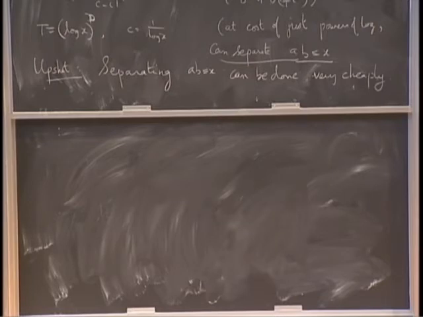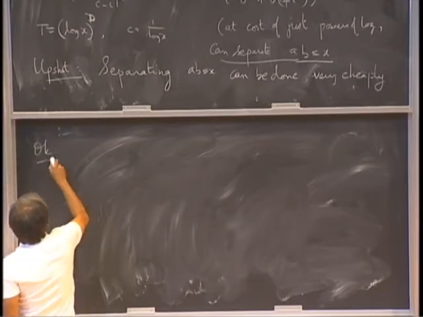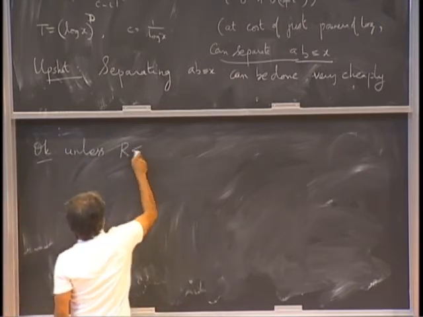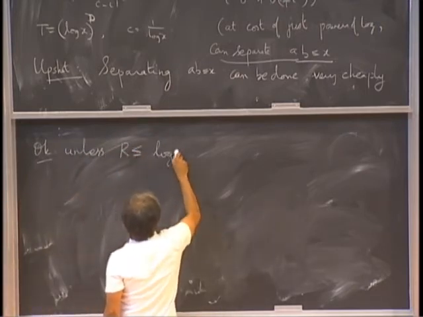Okay, so now if I put everything together, I'm almost done with my proof. I have the right estimate that I want for that. So we are okay for Bombieri-Vinogradov unless R is really small, R is less than some power of log x.